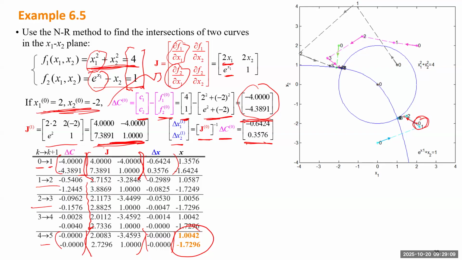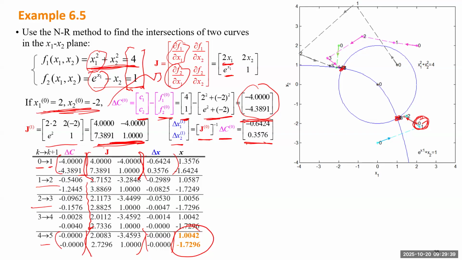There's a blue circle indicating the first function, the first equation, and there's another blue curve intersecting with the circle at 2 points. Those 2 points will be the two solutions of the set of equations. And if we start from this point, we take about 4 to 5 iterations, so we'll get to the lower solution.